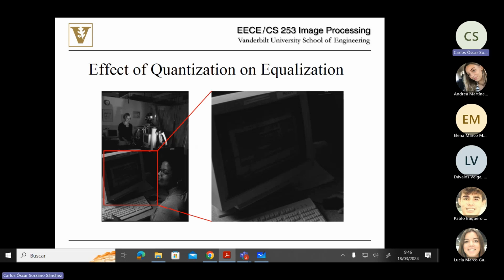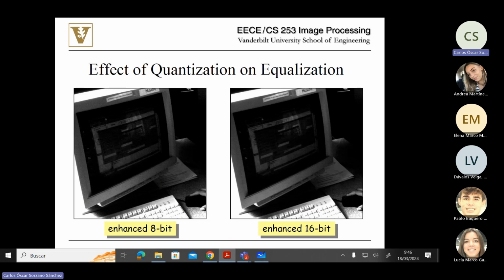So for instance, let's say that we have this image, and now when you do the enhancement with 8 bits or with 16 bits, for the one with 16 bits, I would say the quality here is a bit better than this one. It's hard to say. Say it is a little bit better. And numerically, it has to be better.